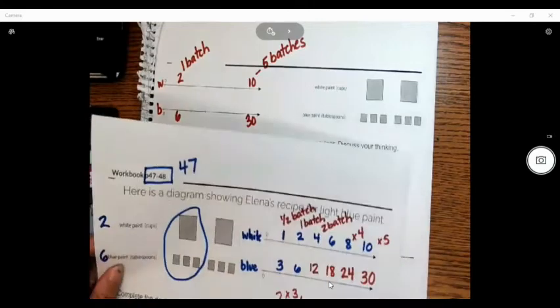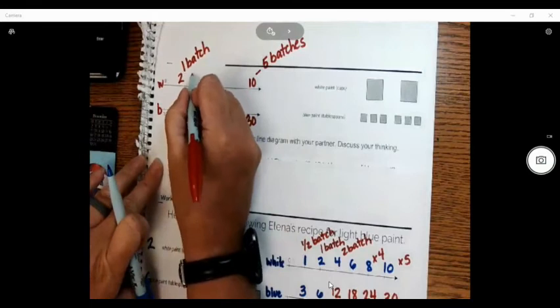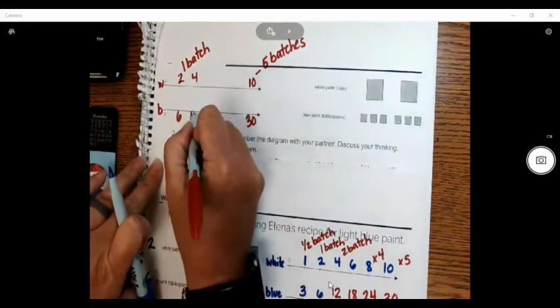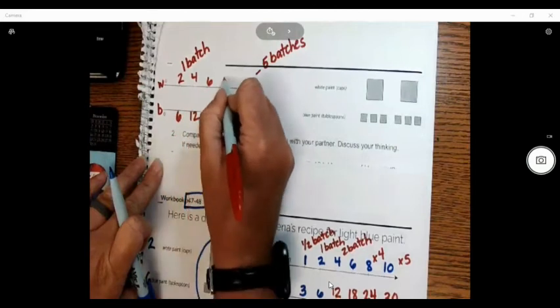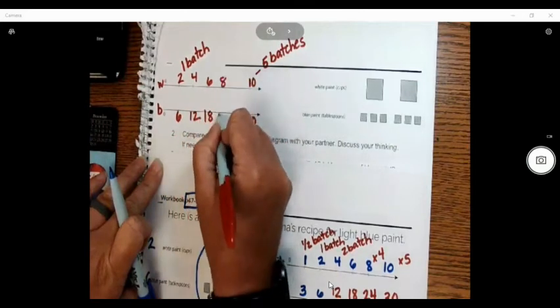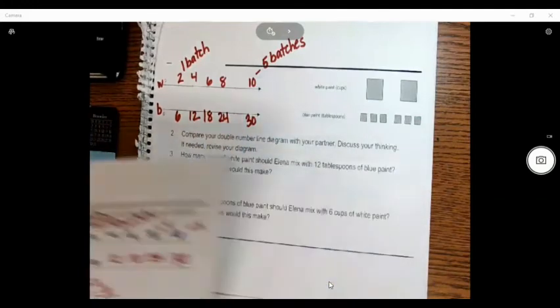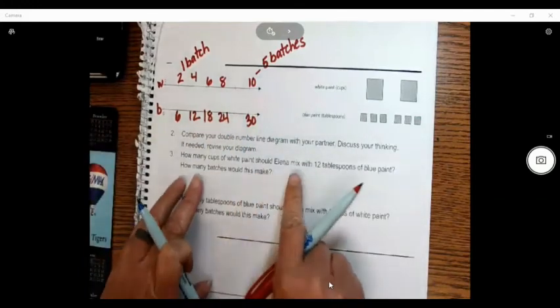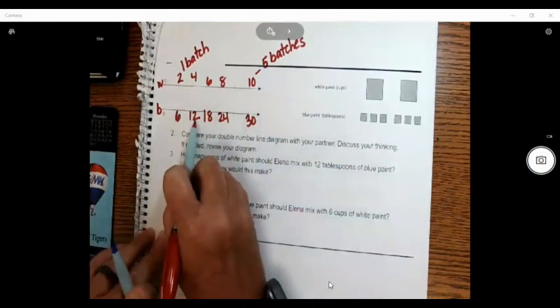So let's look. And I'm going to put this real quickly. 4, 12, 6, 18. Oh, I kind of mixed up. Okay, that's fine. So let's look. How many 12 tablespoons of blue paint? So we go to 12 tablespoons of blue paint.